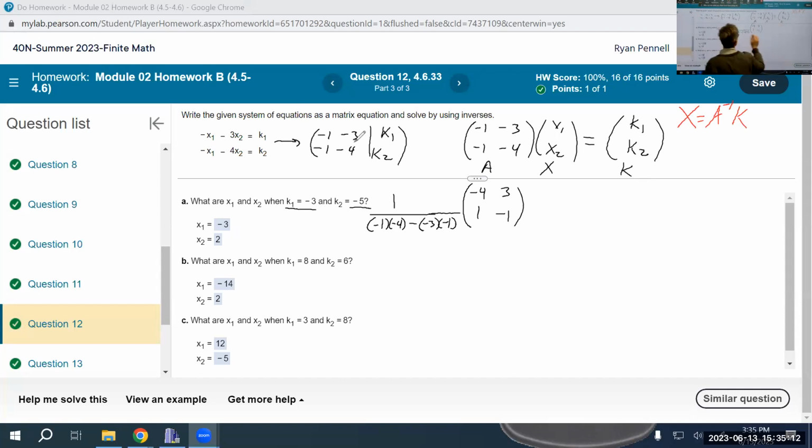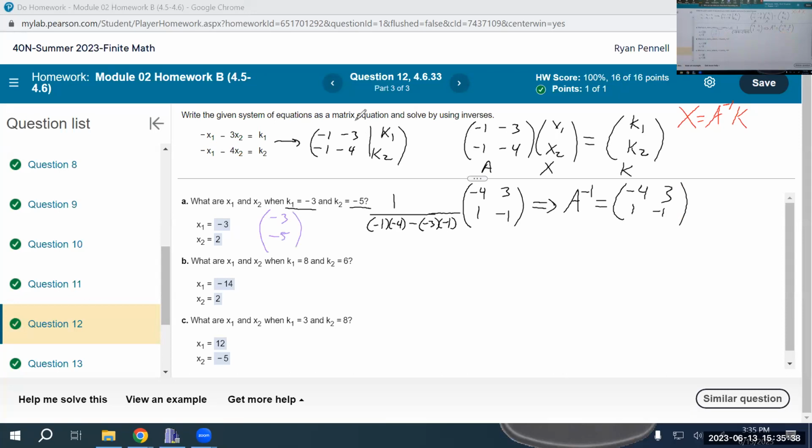Well, my inverse is -4, 3, 1, 1. Just need to multiply it by the K's they give. This one, they're giving me -3, -5.